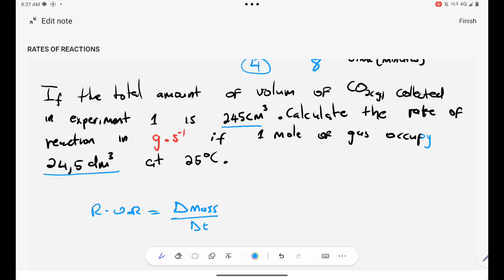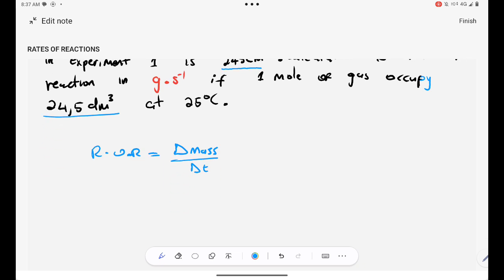So since I'm given the volume of my gas that was collected, I'll simply change that volume into number of moles. After changing the volume into number of moles, I'll change it into the mass and then find my reaction rate. Let's just do so.